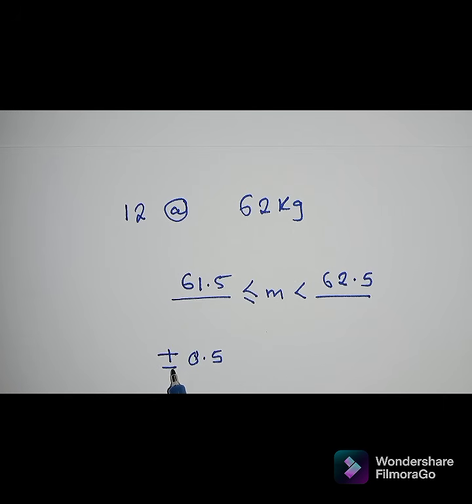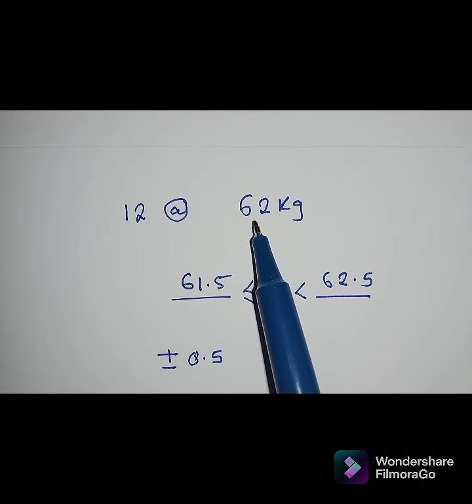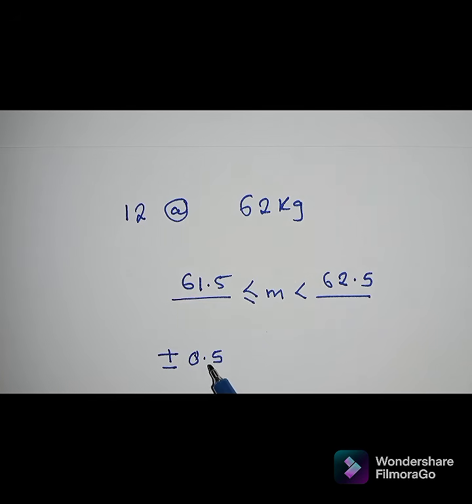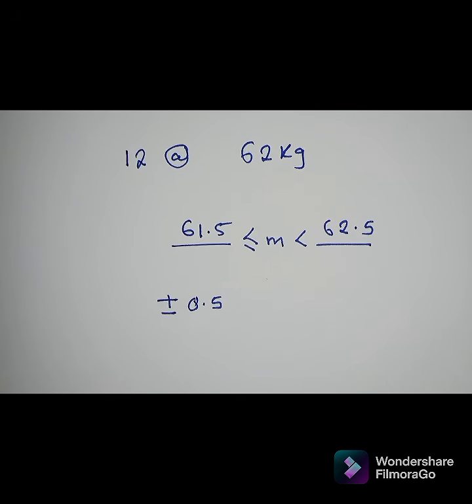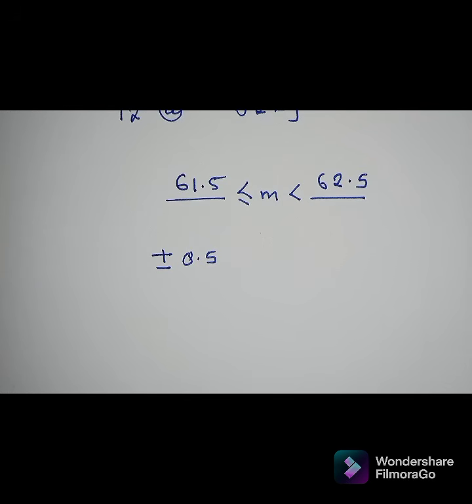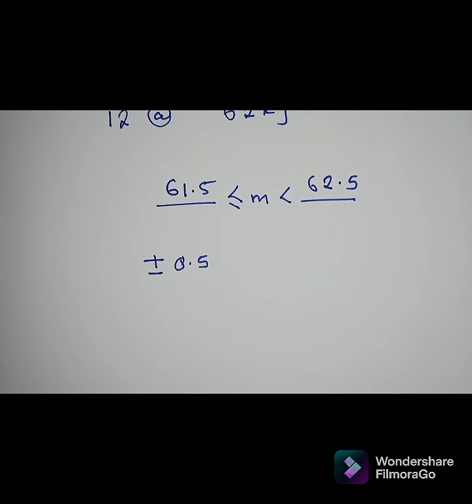For the lower bound, you say 62 minus 0.5, giving you this value. For the upper bound, you say 62 plus 0.5, giving you this value. So this is the solution for 12a. We go to 12b.